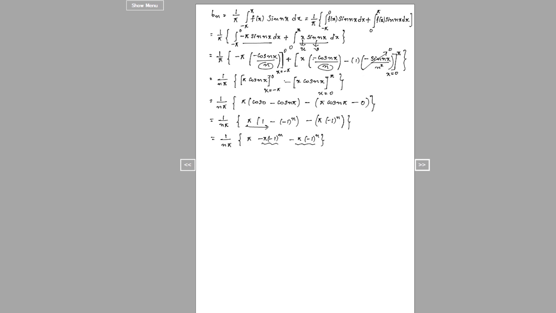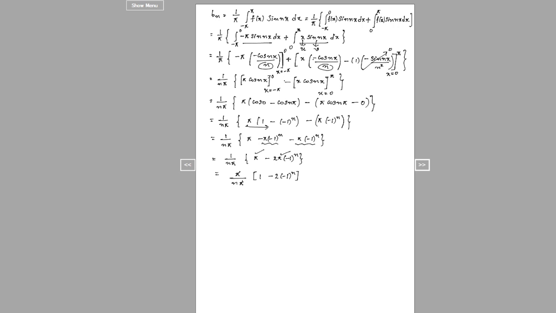So we can write that as, left out with 1 by n pi into pi minus 2 pi into minus 1 power n. But we have a common term called pi. Take out that pi term outside. Pi by n pi, you are left out with 1 minus 2 times of minus 1 power n.